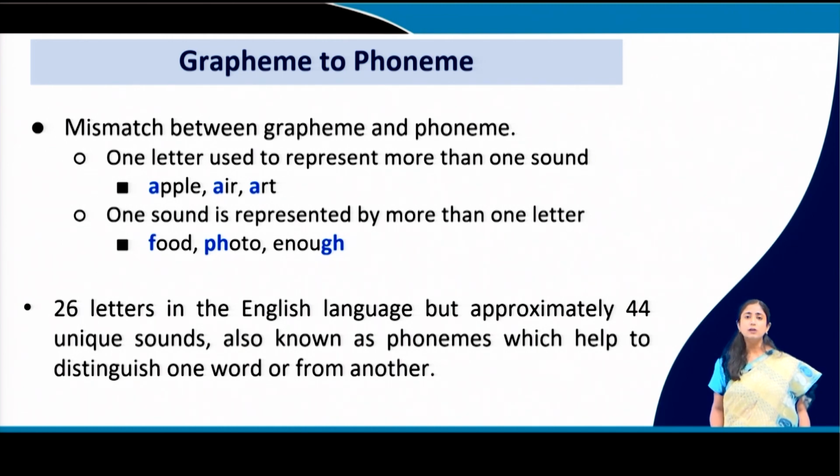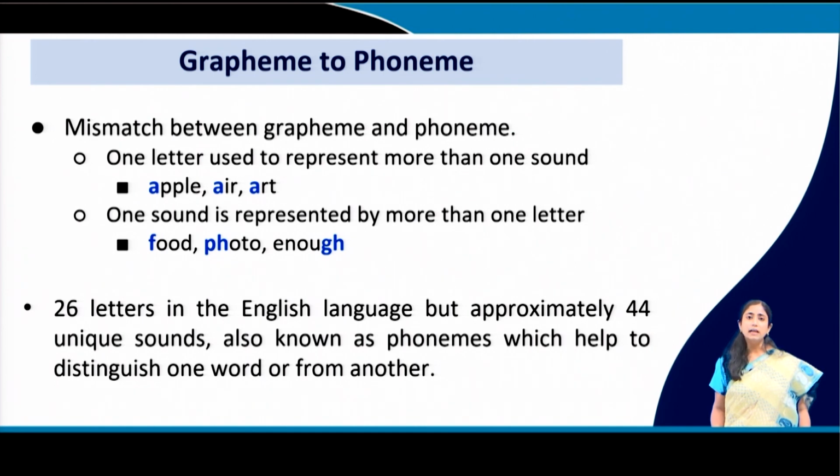So, the alphabets do not directly represent the sounds which are articulated, and that is why it can be difficult. Think of a new learner of English. He or she will not understand whether to say apple in the same way. She can try saying air with the same sound as apple, but that will be wrong, or art with the same sound, but again that will not be correct.